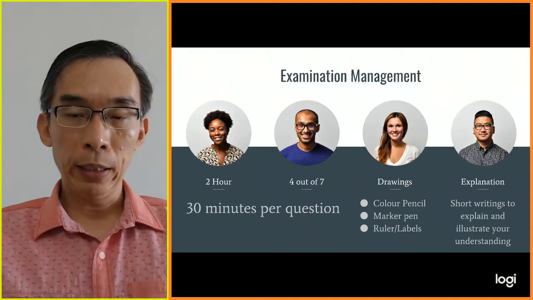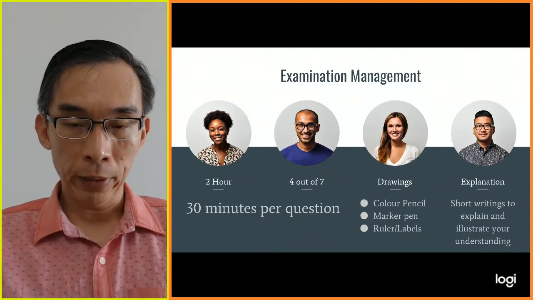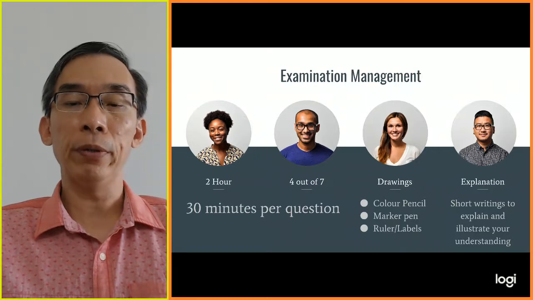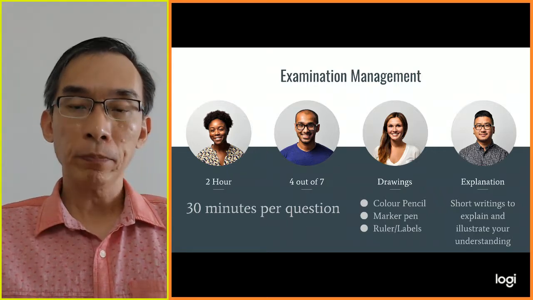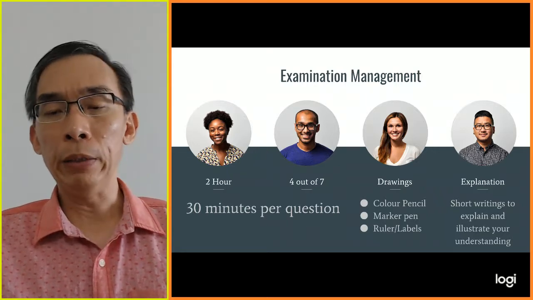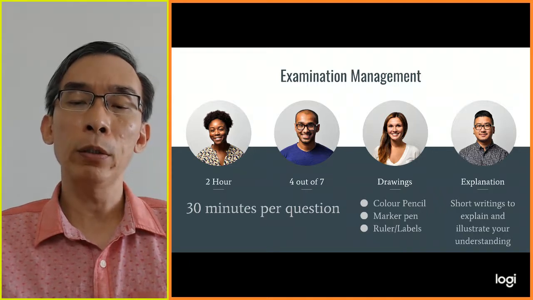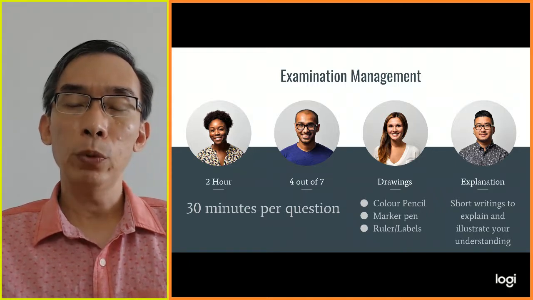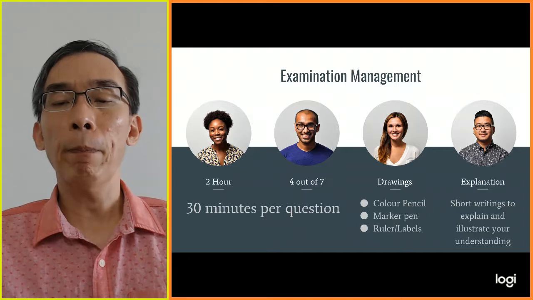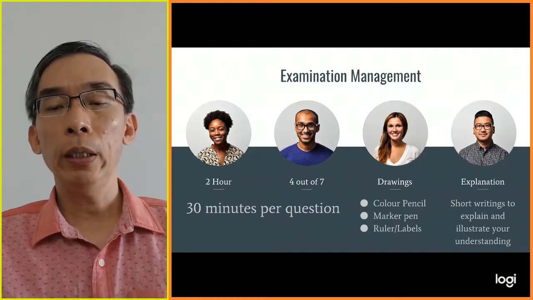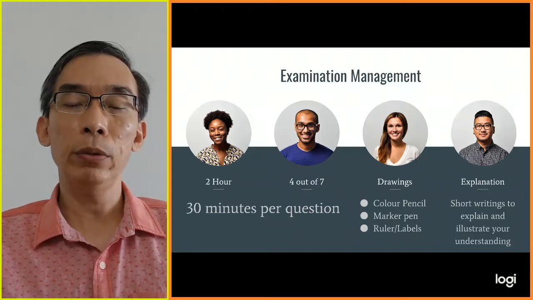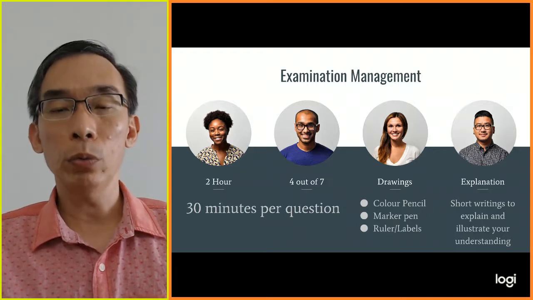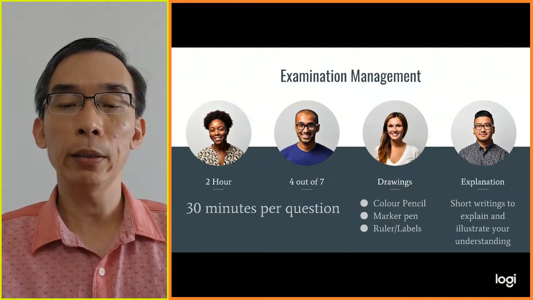So if you are writing and then using color pencil to draw on another piece of paper above your answers, you may find out when you collect your papers and do the paper arrangement that certain parts of your answers have ink marks and stains, which is not good. So you have to be careful when you use marker pen in the exam.